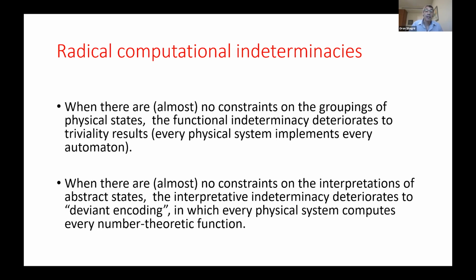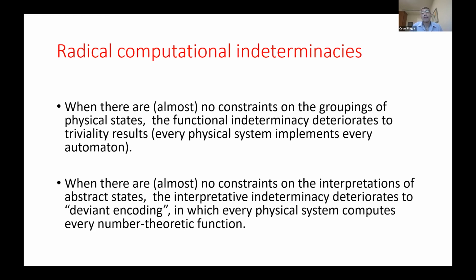On the other side, we have another radical indeterminacy in the literature, and this people call deviant encoding. It was pointed out by people like Stuart Shapiro, Michael Rescorla, Diane Proudfoot, and Jack Copeland. In this case, the indeterminacy is that we give the functional states very different interpretations without putting any constraints on them.